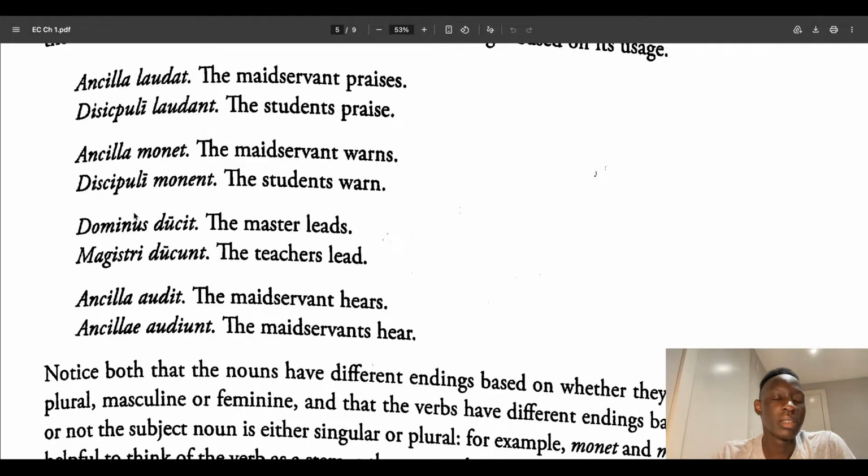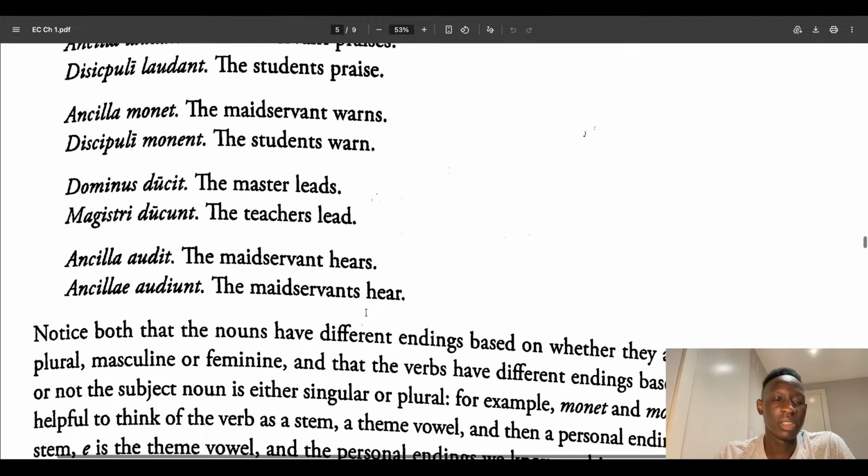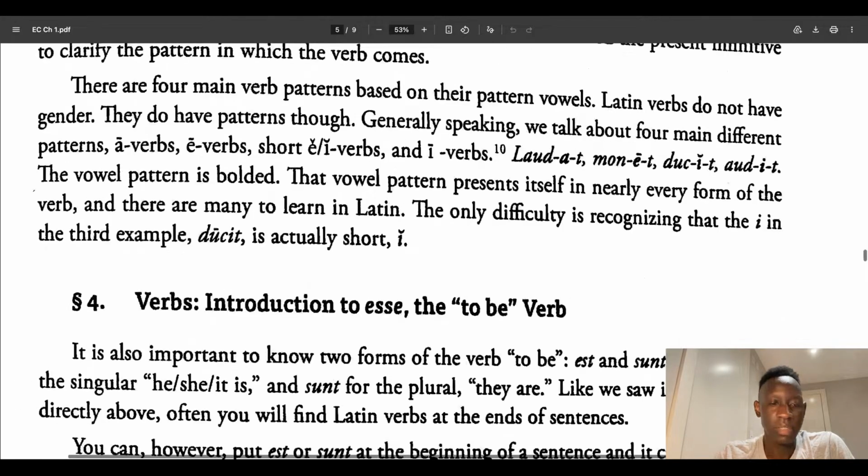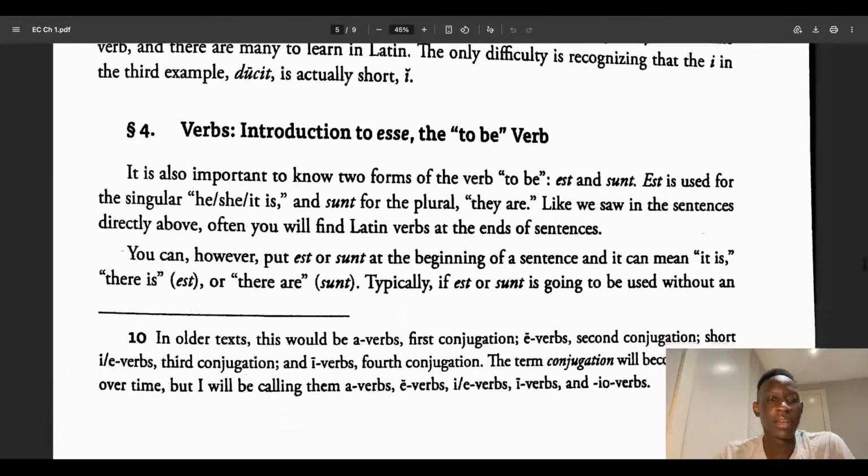Okay, my bad, I was wrong. Discipuli monent, the students warn. Dominus ducit, the master leads. Magistri ducunt, the teachers lead. Ancilla audit, the maidservant hears. Ancillae audiunt, the maidservants hear. That's sufficiently clear. Okay.